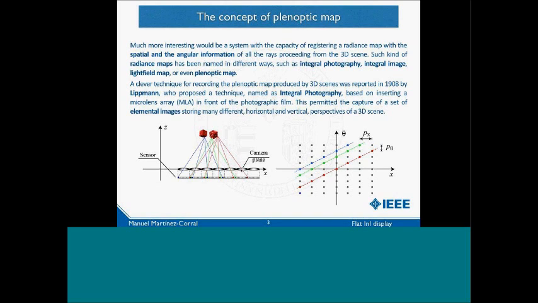In this way, it is possible to record in the film the information of many rays, the spatial information and the angular information, so the place where the rays impact the microlens array and the angle of these rays. And this can be represented in a plenoptic map. Then we have spatial information in columns, and angular information in rows.